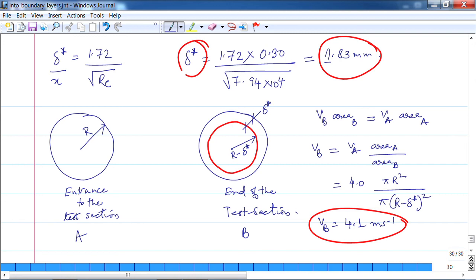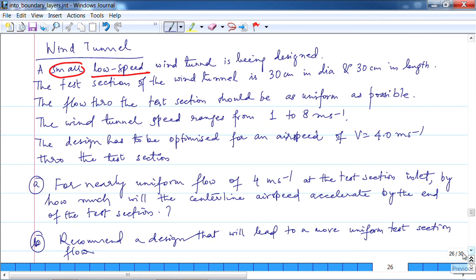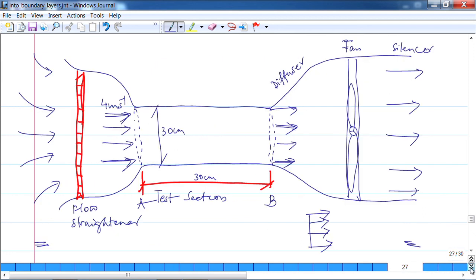Okay. Now, the other question was what would be a good way to design the wind tunnel so that we get more or less uniform test section flow. This is basically just for your knowledge.